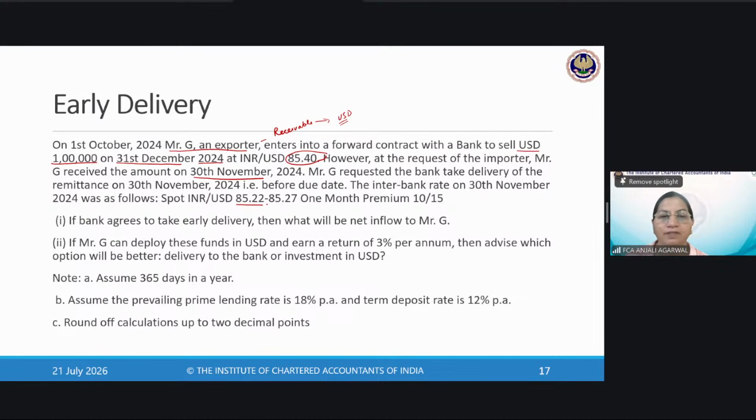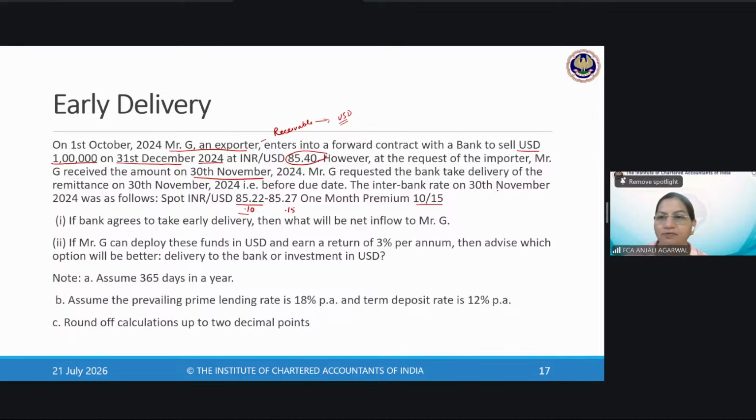On 30th November, the rate would be for 1 month forward. Looking at the premium, these are swap points. Premium is increasing from left to right. That means the prices have increased by 10 and 15.